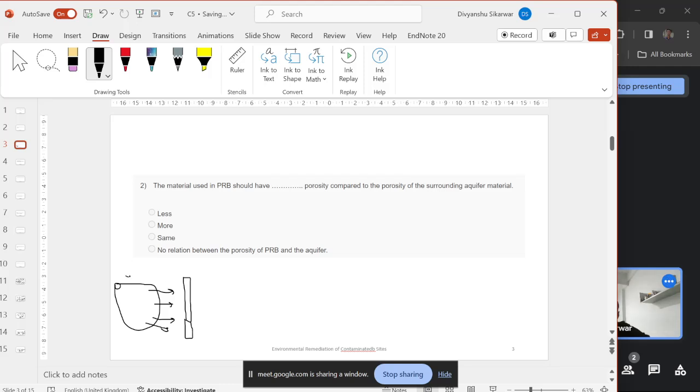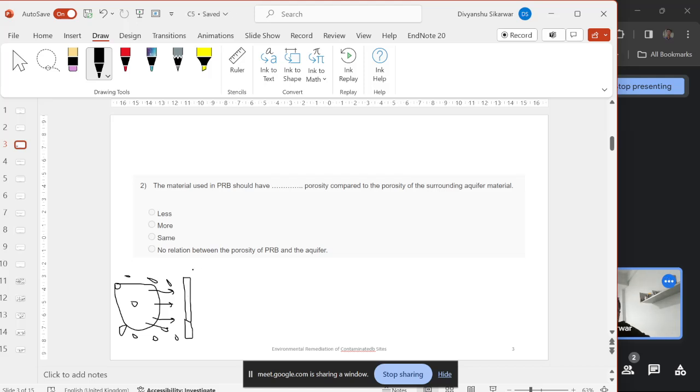And we have the surrounding soil. What should be the porosity of the soil in comparison to this PRB? Vice versa, what should be the porosity of this PRB as compared to this soil?